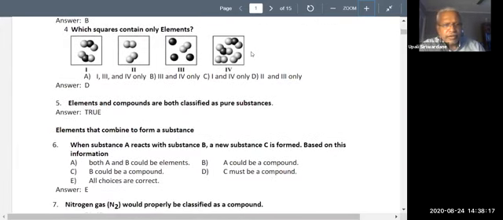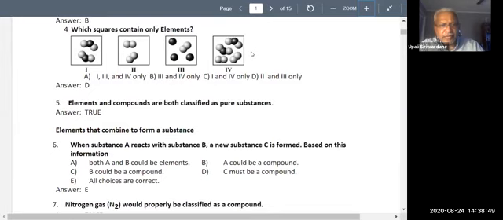Now look at number 4. Which one do you think contains only elements? Look carefully. The first one contains what? Compound. The second one contains only one type of atom, element. Only elements. The third one also contains 2 elements.